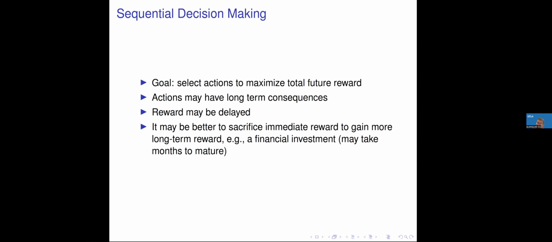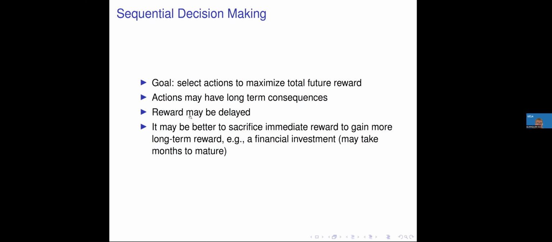This is a key difference from supervised learning, because in supervised learning, there's no concept of state, and the behavior of the learning algorithm will not change the state of the environment. But this is not the case in reinforcement learning, because the action the agent takes will affect the state, will actually make the state transition.